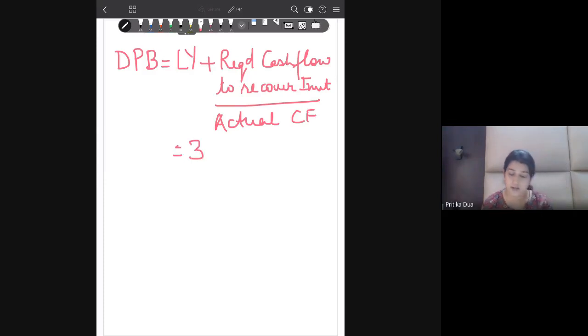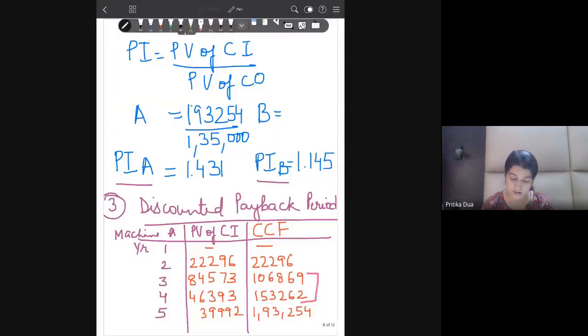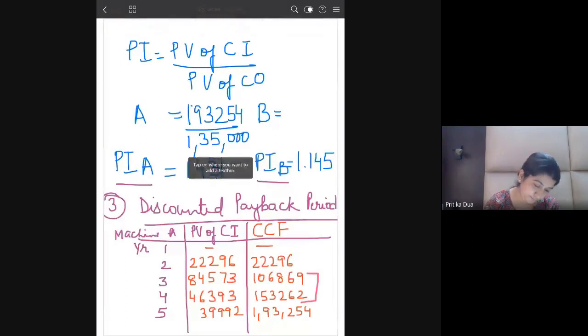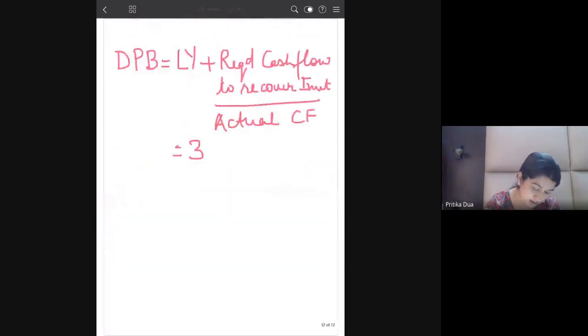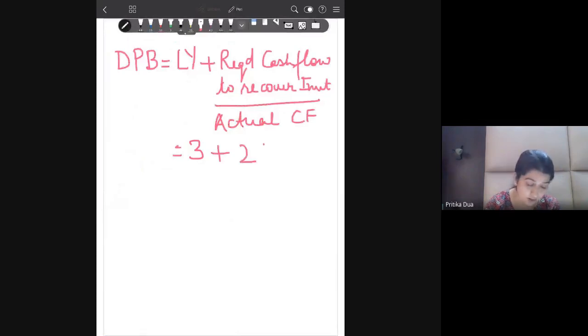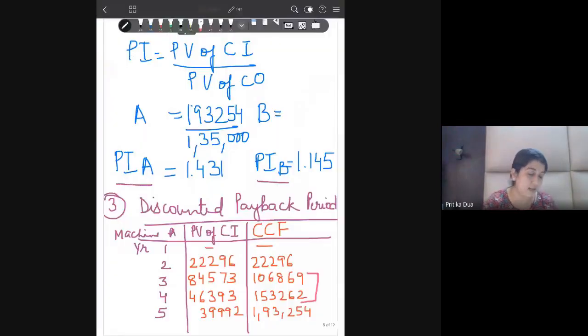If you check from the third year to come to 1,35,000, you required a cash inflow of 28,131. So I add here in the numerator, I get 28,131, while the actual cash flow between the third year and the fourth year is 46393. Okay.